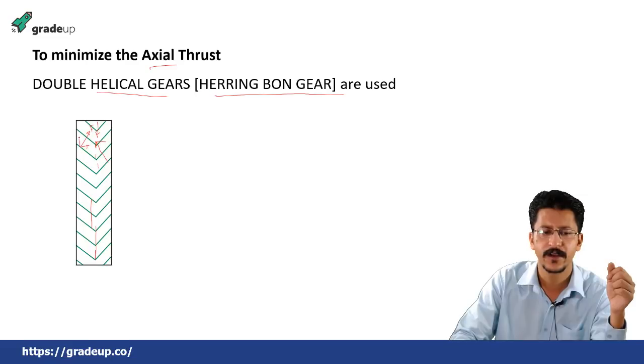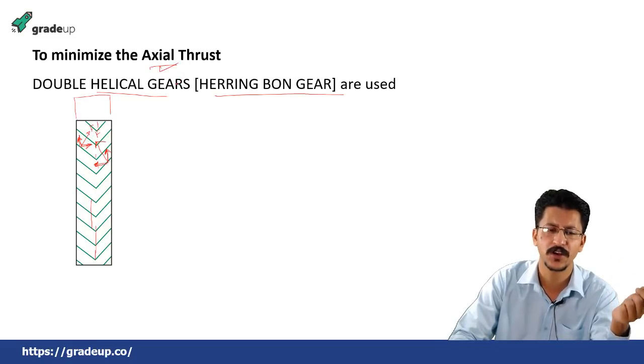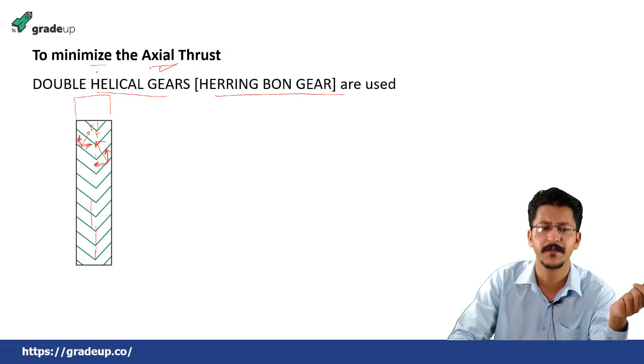If you resolve it into components, you will see that from the gear that will be mating above this, these radial forces will be nullified, and these two axial forces cancel out each other. So the problem of axial thrust has been minimized. You cannot say that the axial thrust is now equal to 0, but it has been minimized. So to minimize the axial thrust, double helical gears or herringbone gears are used.